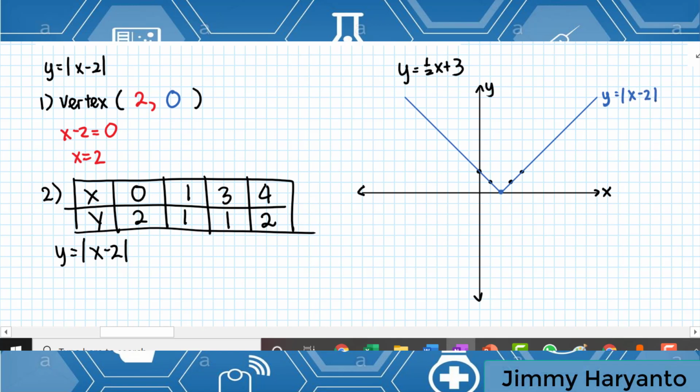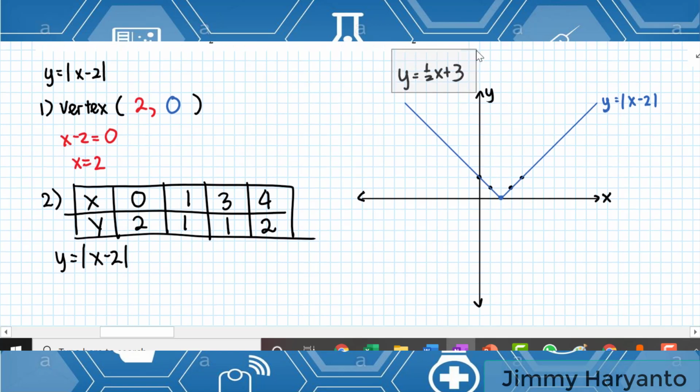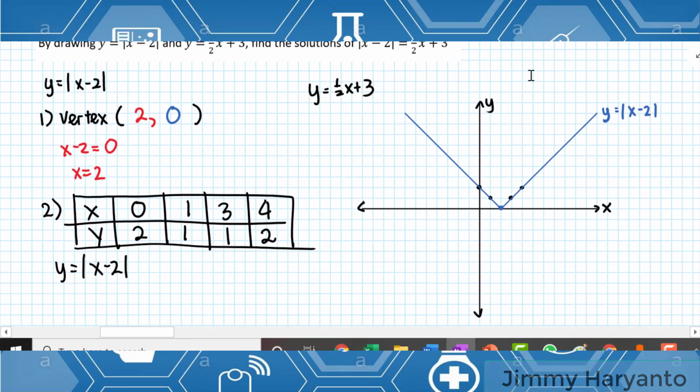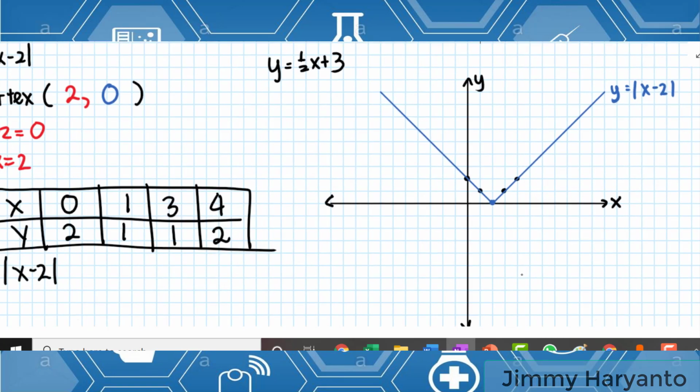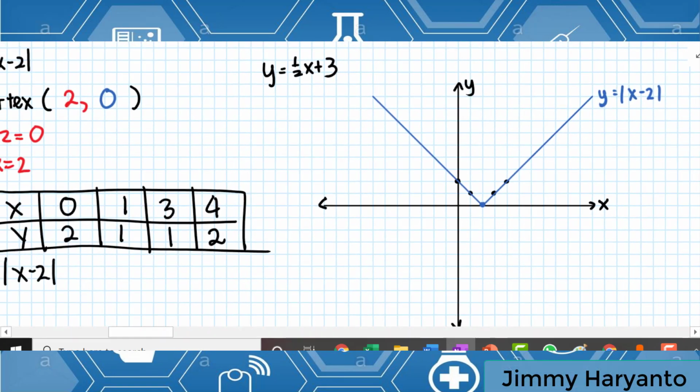And then I have to draw this one also, y equals half x plus 3. You can draw by any method you already learned. I will draw this using y equals mx plus c. The c is 3, so the y-intercept will be at 3 right here. And then the gradient is half. The gradient half means rise over run.